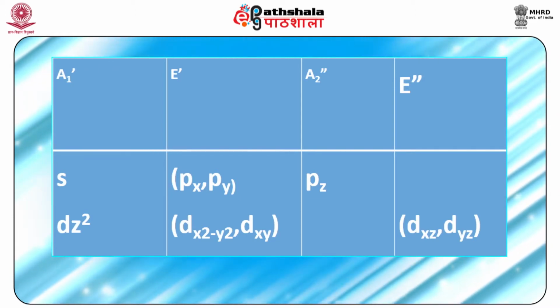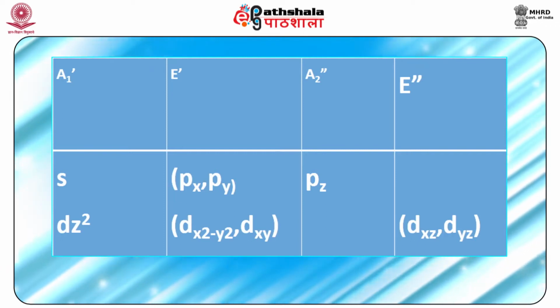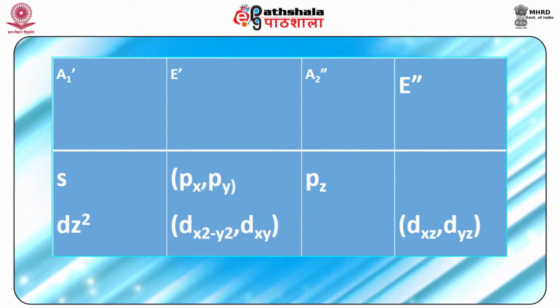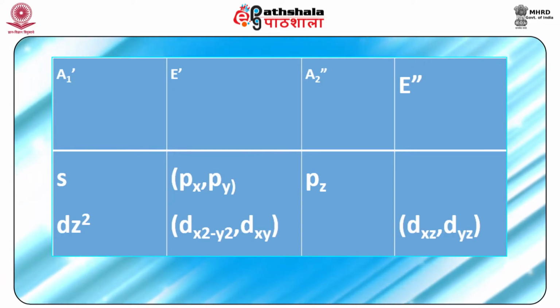The various possible combinations of atomic orbitals on central atom phosphorus are summarized in the table over here.